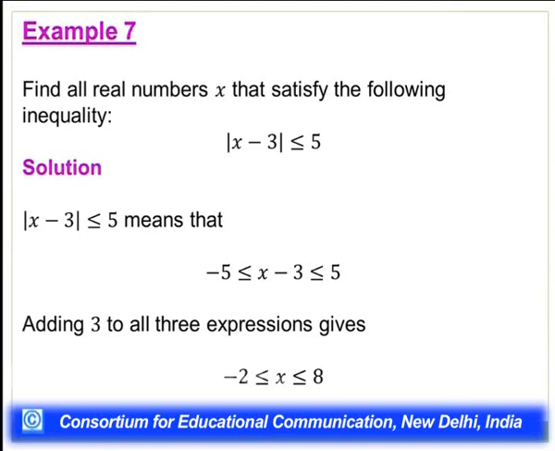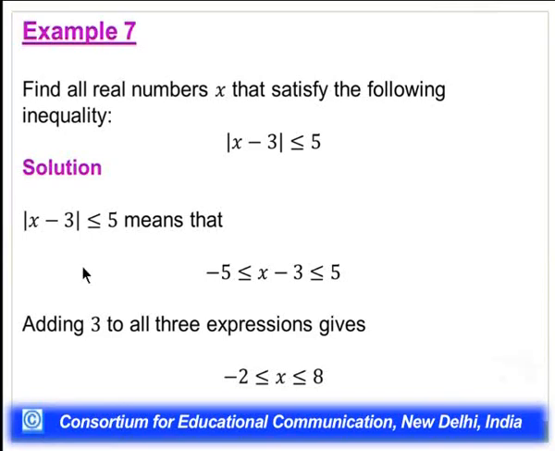We will now look at some inequalities for absolute values, and the first one is the absolute value of x minus 3 is less than or equal to 5, and here we can use the property that we had stated in a few slides before this, that when mod of x is less than a, that means x lies between minus a and a.